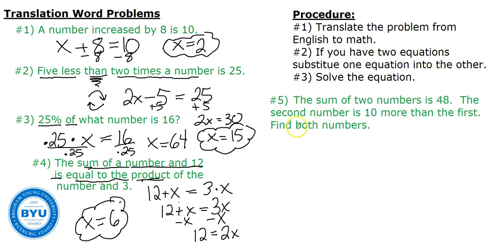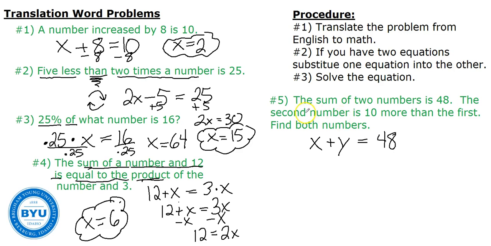Okay, number 5. The sum of two numbers is 48. The second number is 10 more than the first. Find both numbers. Okay, the sum of two numbers. So now these are different numbers. This is an example of one where you got to use two equations. The sum of two numbers, so I'm going to call that x and y. Sum means x and y, is 48.